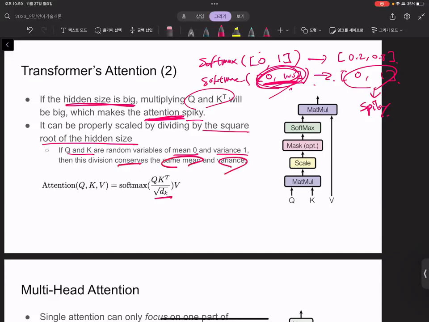Anyway, QK transpose. So there is no weight here because Q and K include the weight. Anyway, this is scaled. So this is the scale part. And then mask is optional, and nowadays we do not use mask here. And then take softmax.